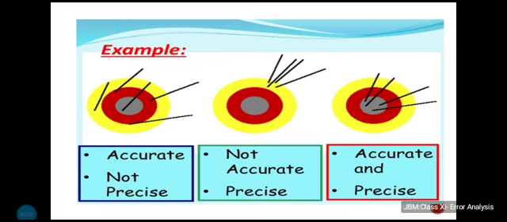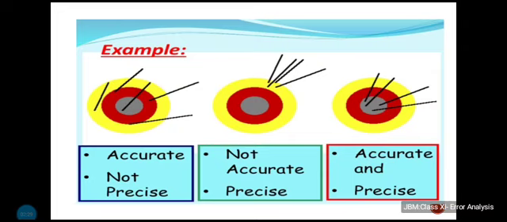In the first picture, it is written accurate, not precise. In the second picture, it is written not accurate but precise. And in the third, it is written accurate and precise. Now, with the help of this picture, can you understand some basic knowledge regarding the meaning of these terms accuracy and precision?